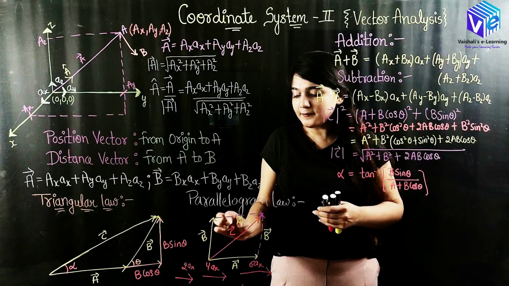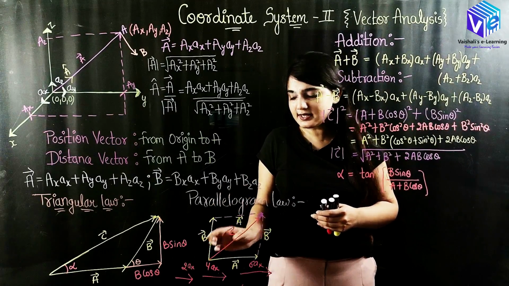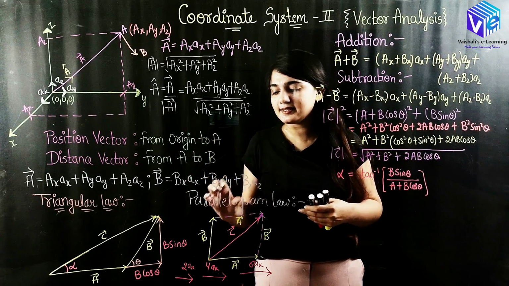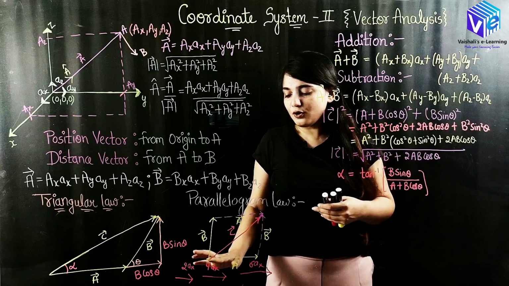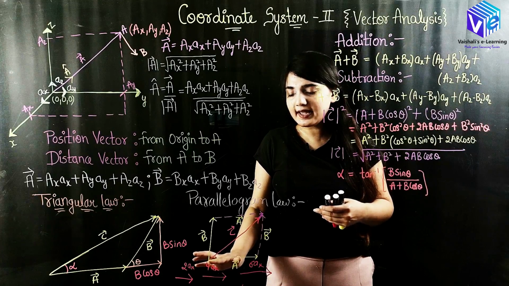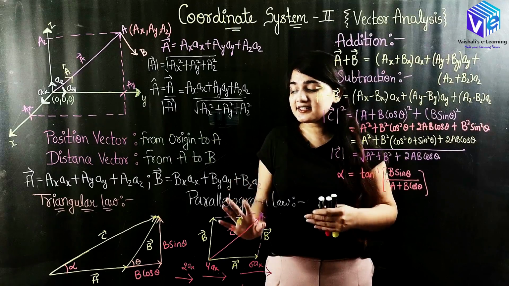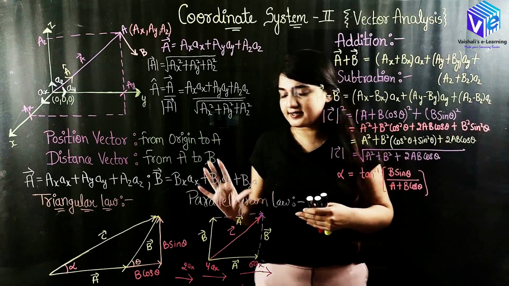Now this is a parallelogram. You can see that the diagonal of this parallelogram will be giving me the resultant, and this is the parallelogram law. I have to put the tail at the tail only and head towards the head only. So this is how I can easily find out the resultant.